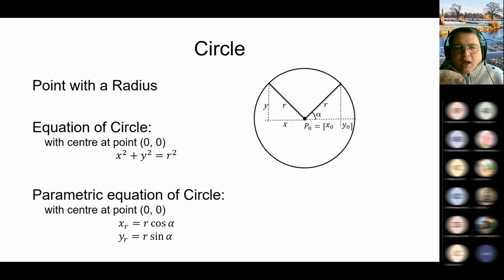Most libraries will have a ready-to-use function to draw circles, but if you ever need to draw a circle by yourself, this is the preferred option. You can iterate alpha from 0 to 360 degrees, so from 0 to 2 pi radians, and you will get the entire circle. So that's about drawing circles.